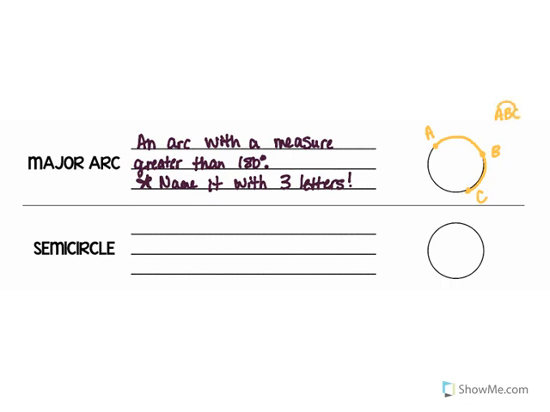And the reason why we use 3 letters is because when we are naming these, we always assume the shortest distance. So if I said arc AC, that would actually be this arc, which is not what we wanted, right? So make sure you don't draw that one on your paper. Just have your major arc on there.